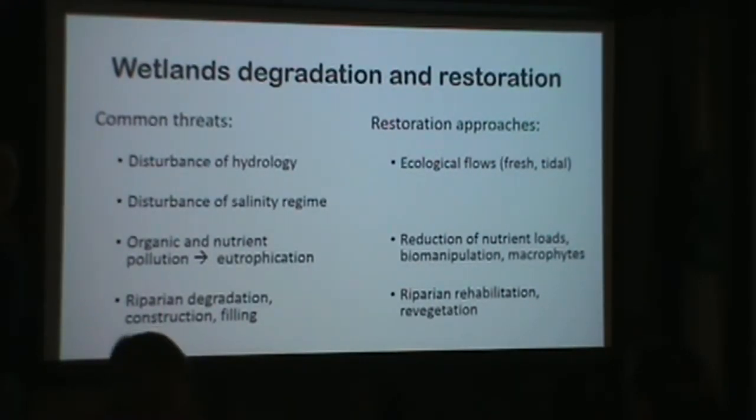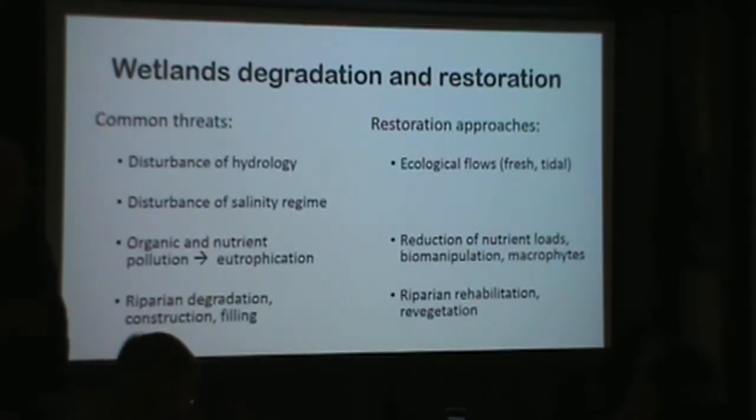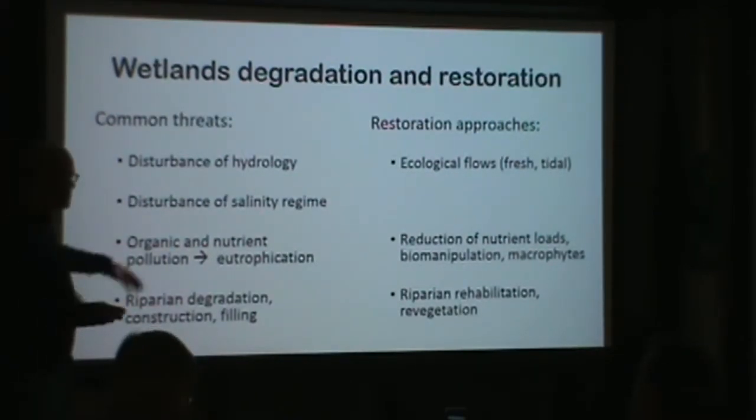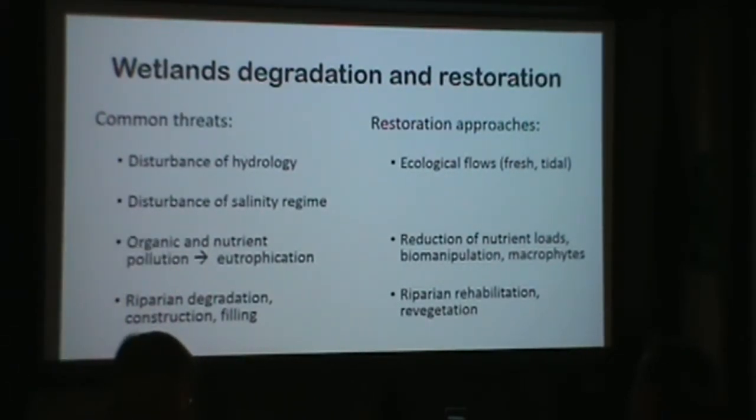Just think of the tidal flows in an estuary, which is one type of wetland. If tidal flow is disrupted, the estuary condition of that wetland is no longer, right? Disturbance of salinity regime, that applies, of course, mostly for estuarine wetlands.